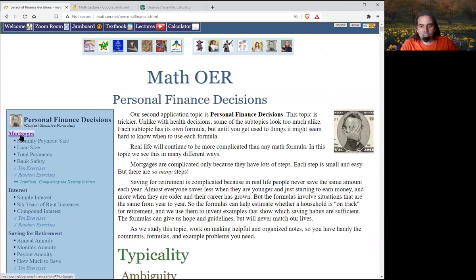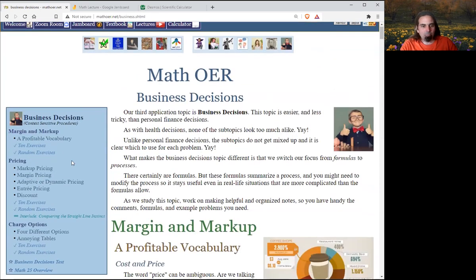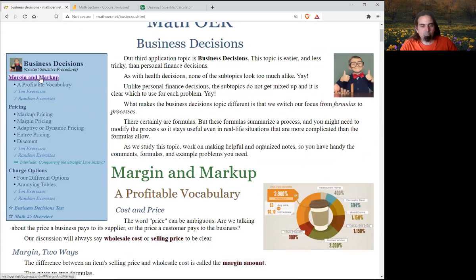How big a house can I afford? How about margin and markup? Because I have a friend who's starting a food cart. Should I price things? Charge options, because I want to go to a store and get a dining room set, and what kind of down payment and charge option should I use?